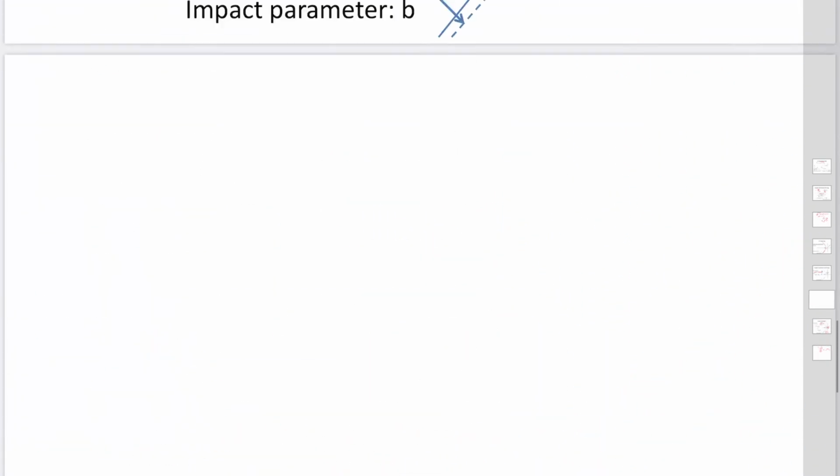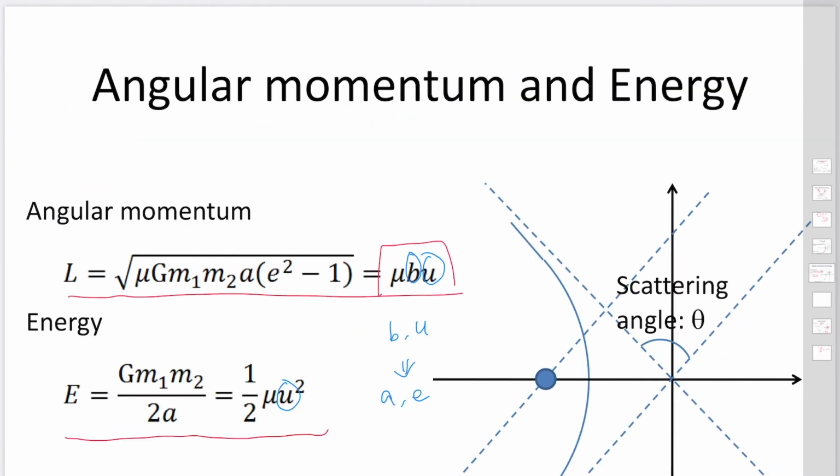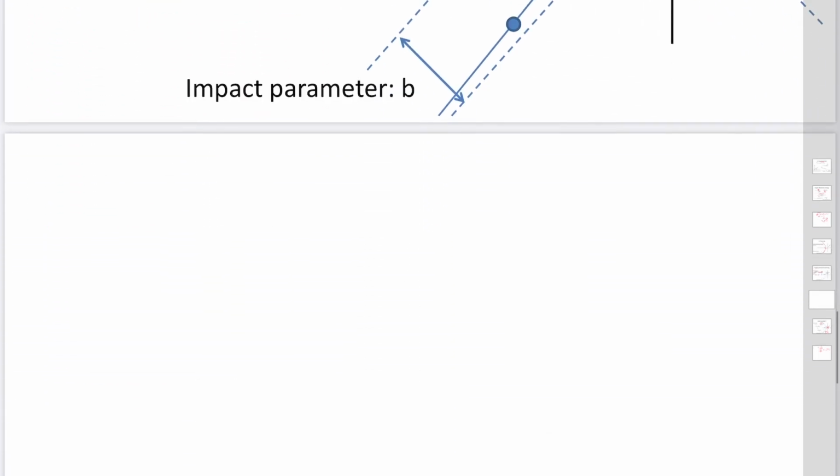We can use the conservation of angular momentum and energy to find 1 over the square root of e squared minus 1. From the conservation of angular momentum, the square root of e squared minus 1 is mu b u over the square root of mu G m sub 1 m sub 2 a.